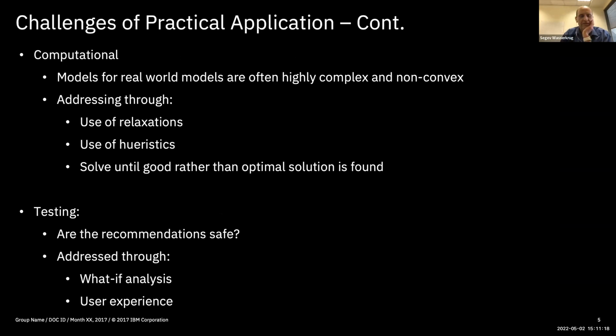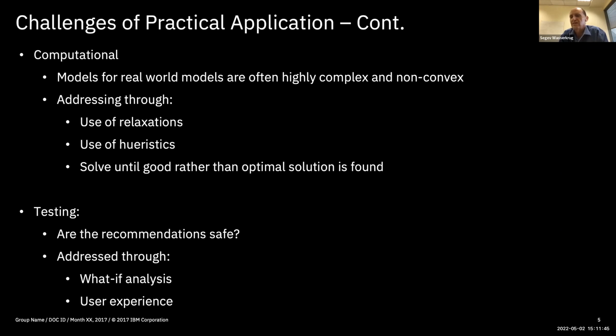Okay. Continuing on the challenges, of course there's the computational challenge. Models for real-world problems are typically non-convex, highly discontinuous, and so here again we need to address these. The theory is never sufficient. We need to use relaxations, heuristics. And this is a very important point. This is actually an advantage of the real world.